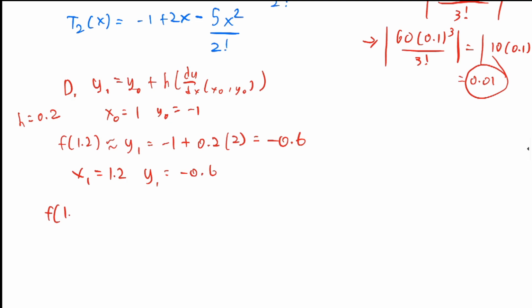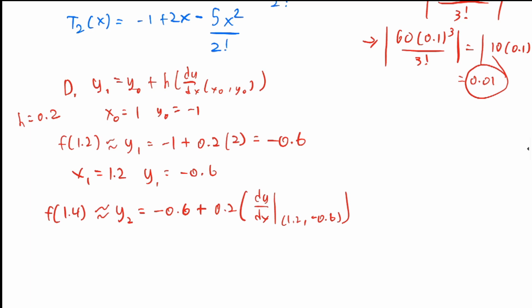Now we do this again for the last part, which is f of 1.4, which is approximately y sub 2, which is equal to y sub 1 plus h dy dx at that previous point. So it'll be y1, negative 0.6, plus 0.2 times the derivative at the previous coordinates of 1.2 comma negative 0.6.